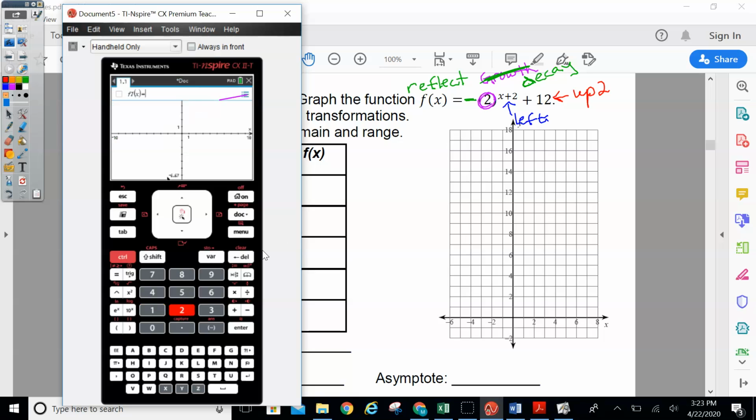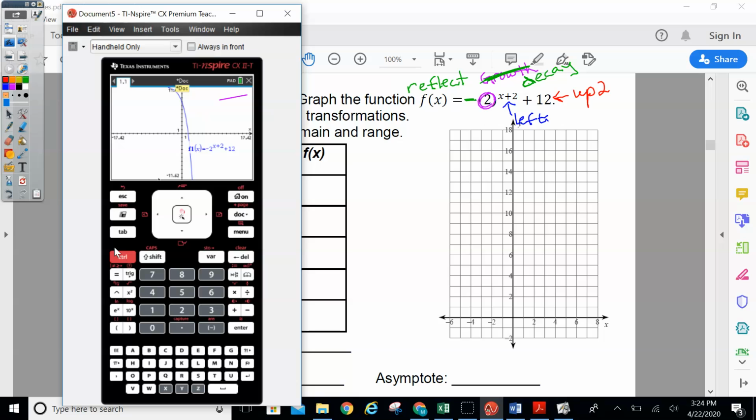Okay, so we're going to do negative parentheses 2 to the x plus 2. And this is where you've got to be careful. You've got to get out of the exponent and do the plus 12. So I'm going to have to adjust my window here. So here, again, it's going to be way up here at 12, but it's going to be going down, which means it's decay. So it was growth. If it wasn't reflected, it would be going up. But because it's being reflected, it's going to end up decaying and pointing downwards.